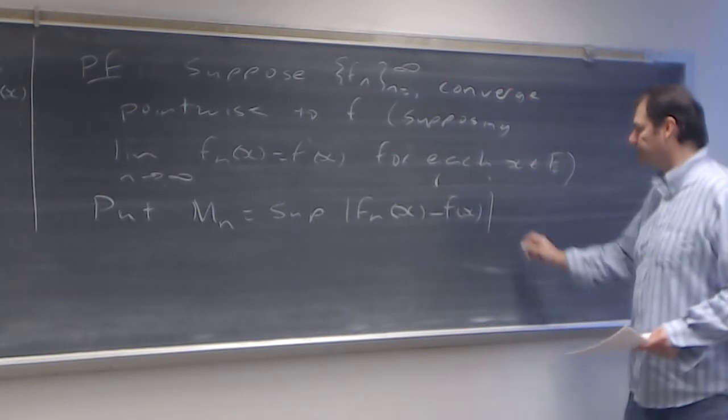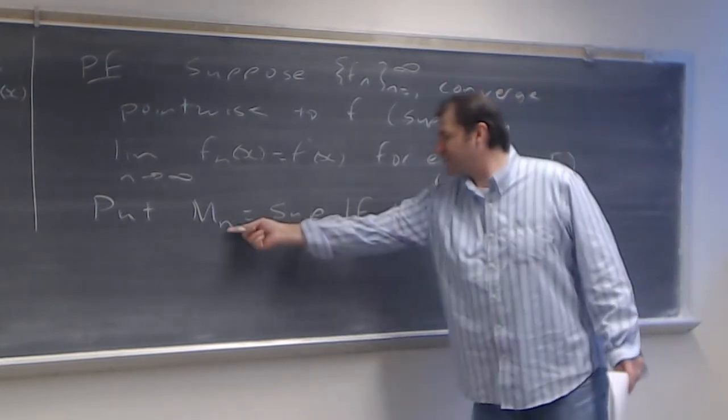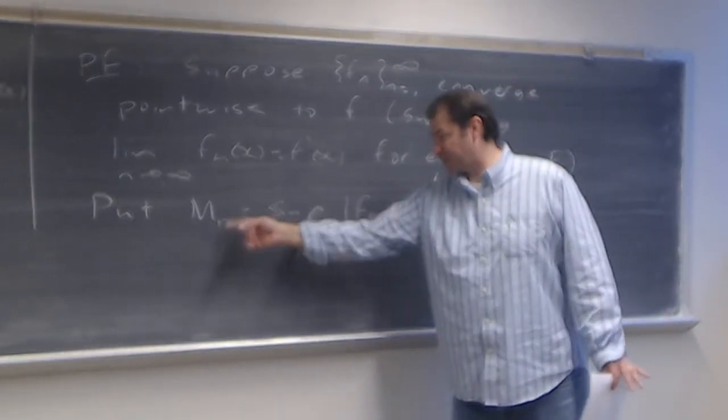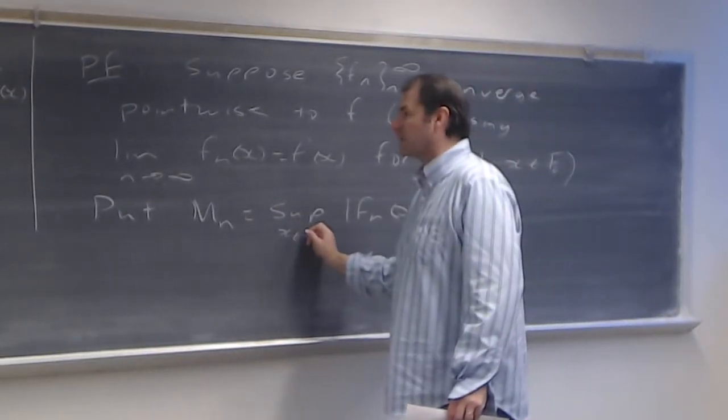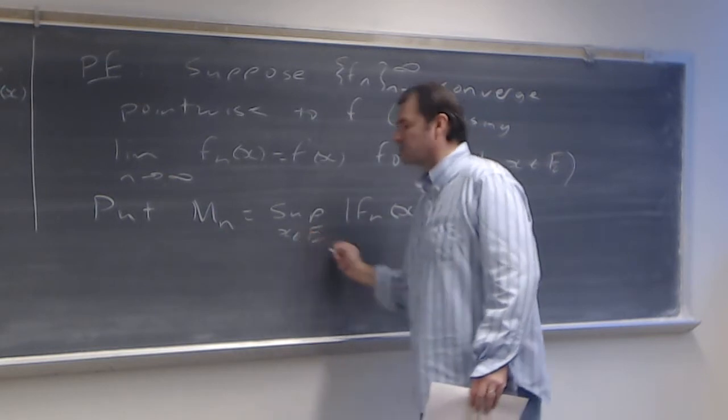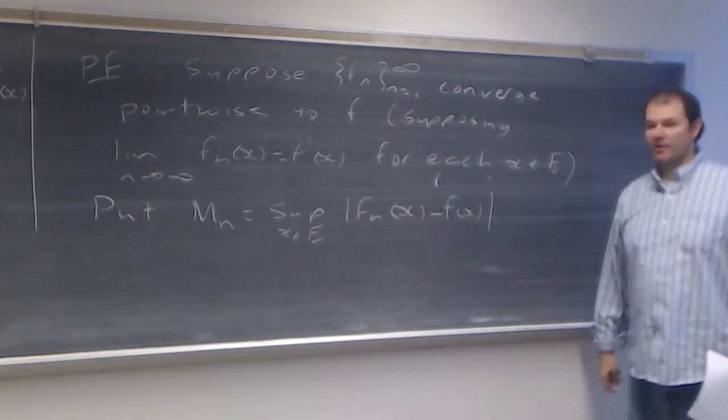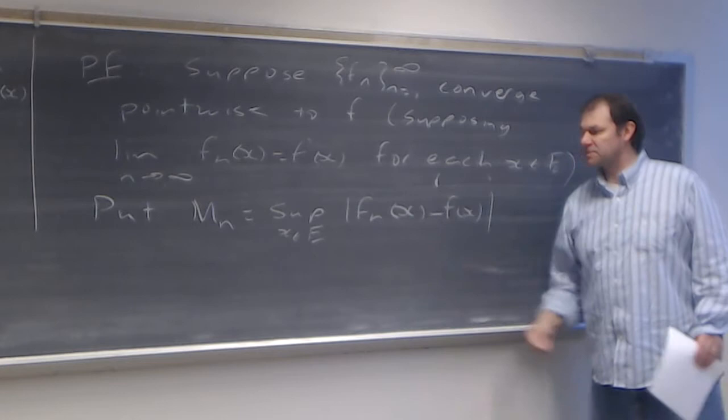Now, what we do is we think of n being fixed. This is what we're defining, and this is the sup over all x an element of E. So here the x's are kind of running, and we're finding the biggest difference.